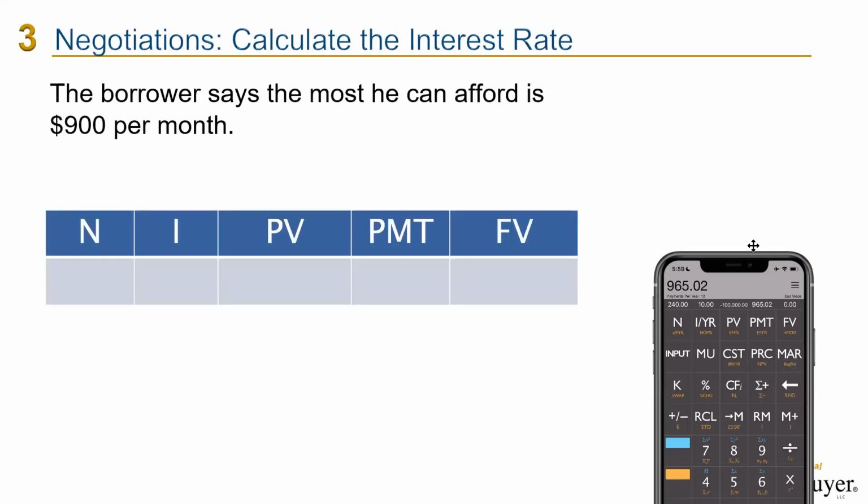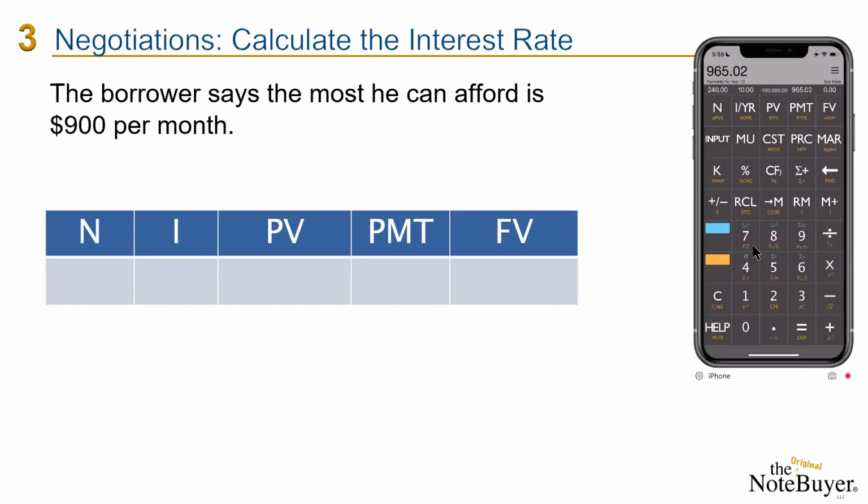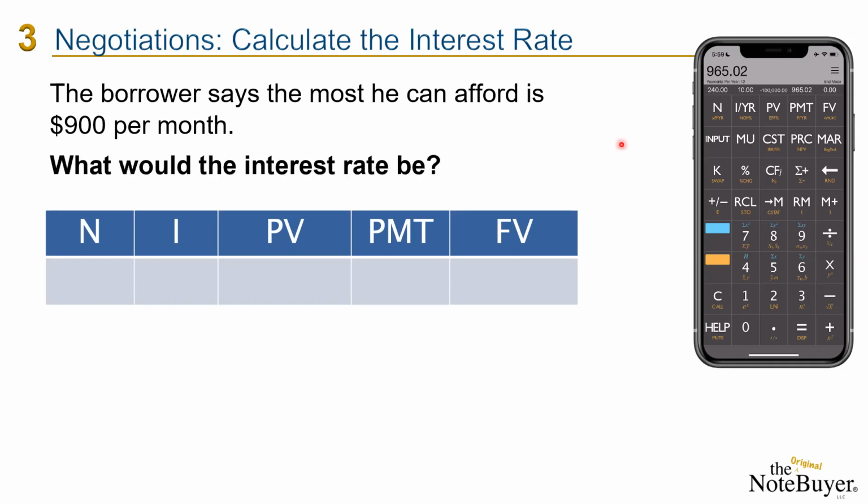So what if now the borrower says, wait a minute, the most I can possibly afford is $900 a month. Well, if he just paid me $900 a month, what would my interest rate be? You've already got the 240 months, you have the loan amount, and you know at the end of the term, it's going to be 0.